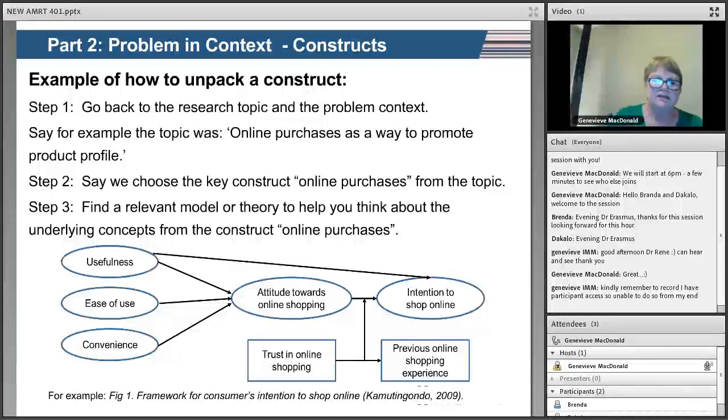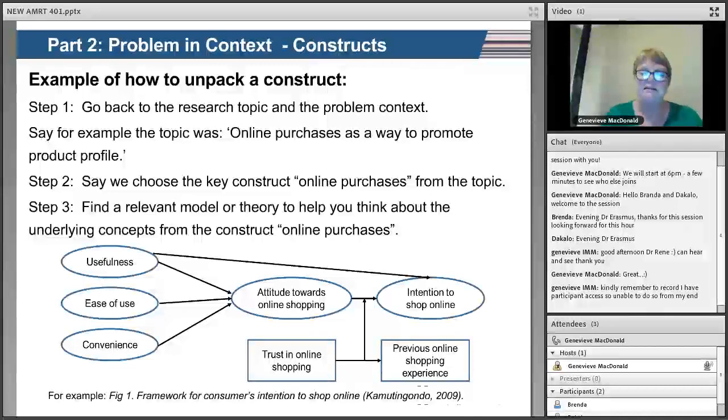So here you can see online shopping, trust, and previous online shopping that may not be so positive. It feeds into your attitude towards online shopping. Some of the components there are usefulness, ease of use, convenience. They all feed into this attitude and into your intention to actually shop online.